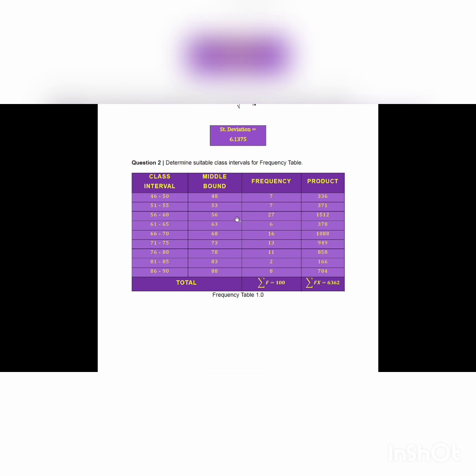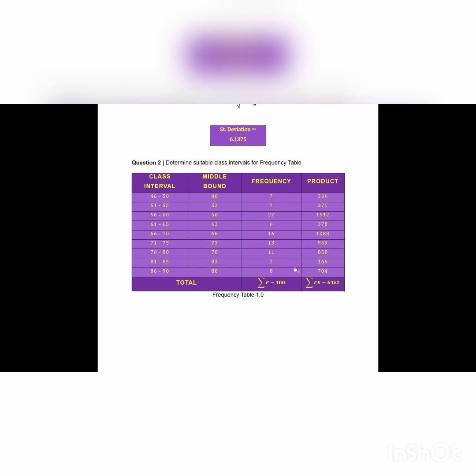From the dataset, we count to get the frequency, which here is 7. Then we multiply the midpoint by the frequency, 48 multiplied by 7, and we get the product of 336.